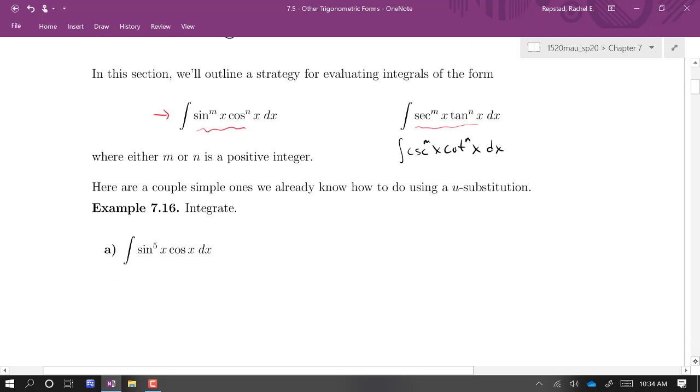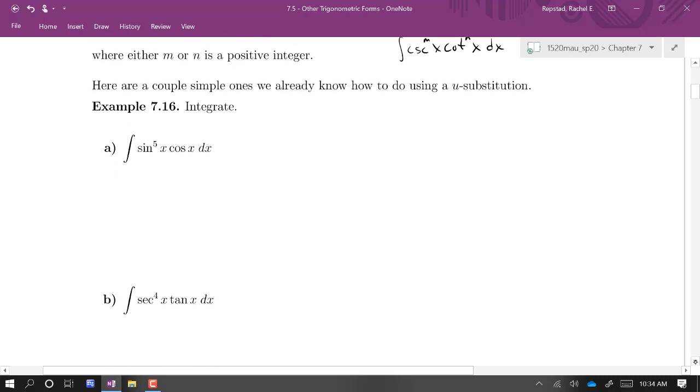So we're going to start with a couple simpler ones that we already know how to do with a u substitution. In the first one, in part A, we've got sine to the fifth x times cosine x dx. Remember that the derivative of sine is cosine. And so if we let u equal sine x, then du is cosine x dx.